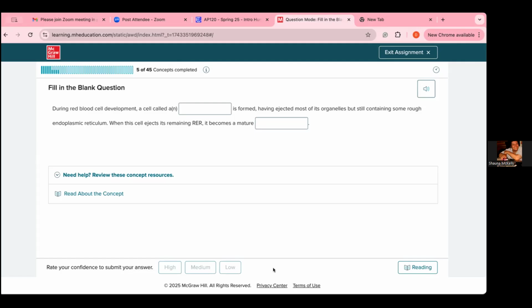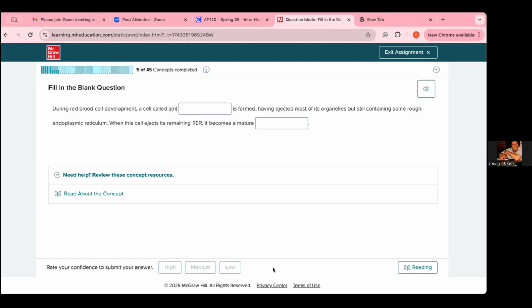During red blood cell development, a cell called a blank is formed, having ejected most of its organelles, but still containing some rough endoplasmic reticulum. When this cell ejects its remaining RER, it becomes a mature blank.